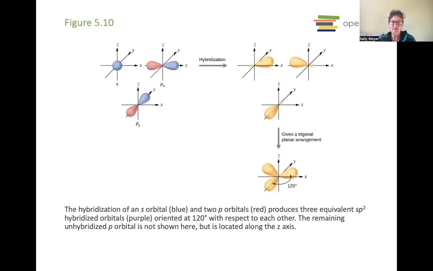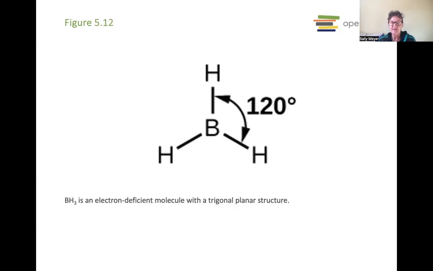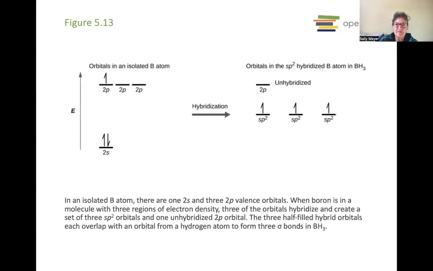So how that happens is mathematically you take the functions on the left, you add them together, and what you get are 3 new orbitals pointing 120 degrees apart, and they're all equivalent. So this is what a set of 3 sp2 hybrid orbitals would look like. And so for something like boron hydride, boron is 1 further to the right, so it has a 2s2, 2p1, and this shows you the electron configuration it starts with.